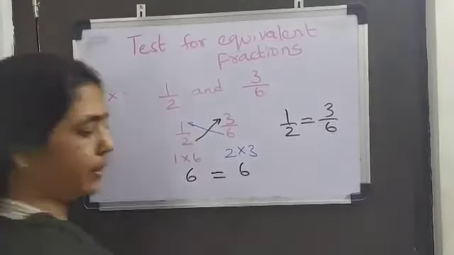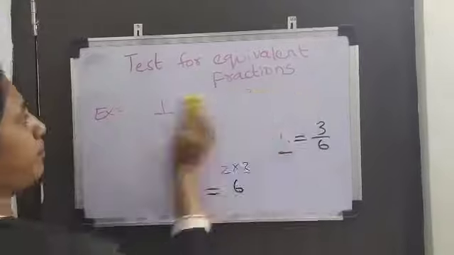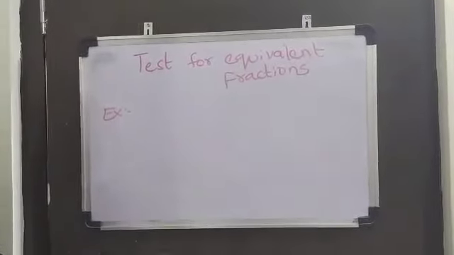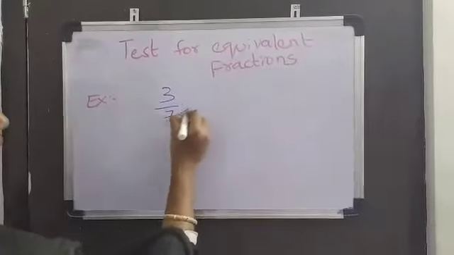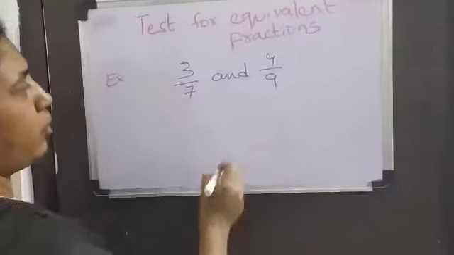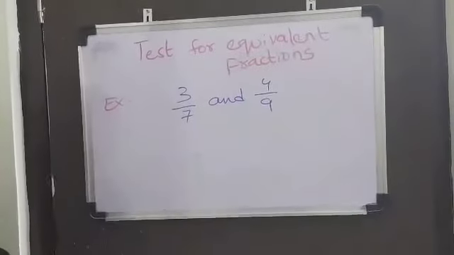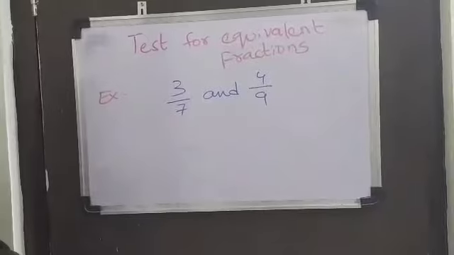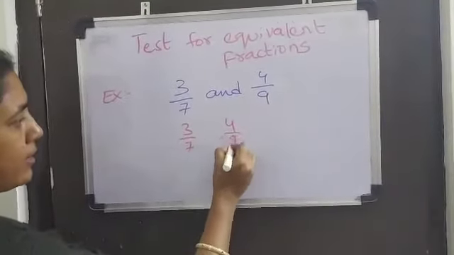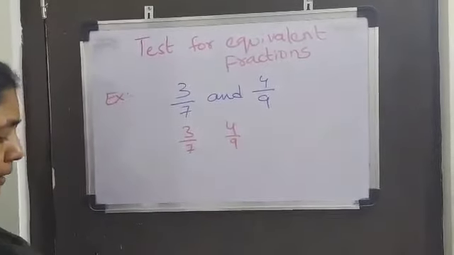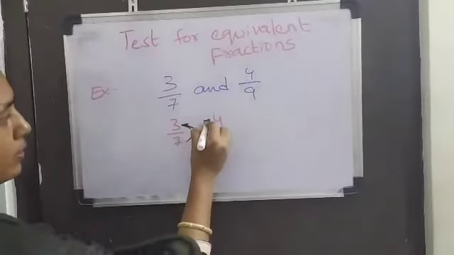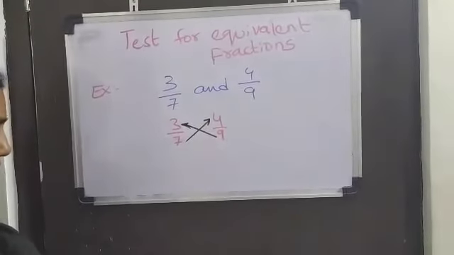We'll do one more example. Then you will get a clear idea. Suppose I have 3 by 7 and I have 4 by 9. I want to check whether these 2 fractions are equal or not. Okay, so what did I say first? Write the first fraction like this and the second fraction like this. Leave some gap between the fractions. Then draw the arrows. Then what did I say first?